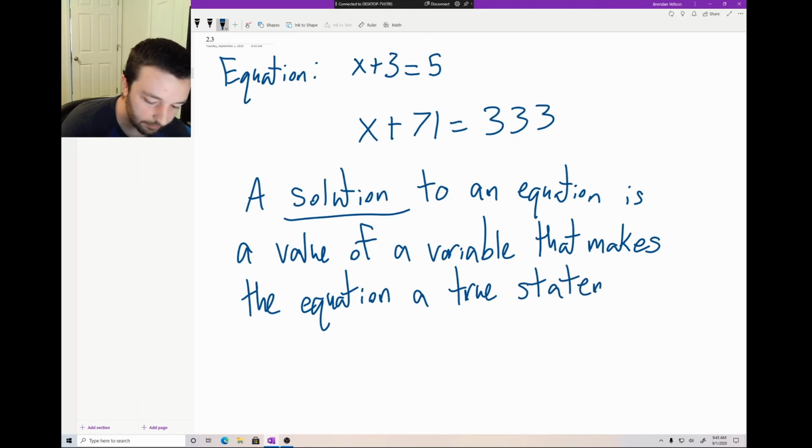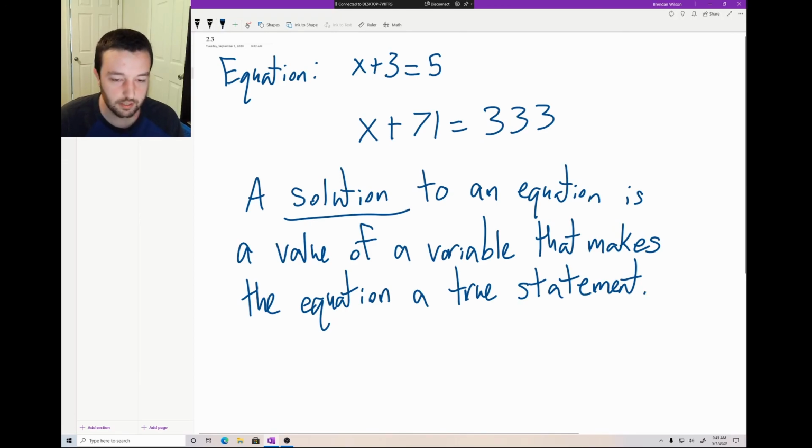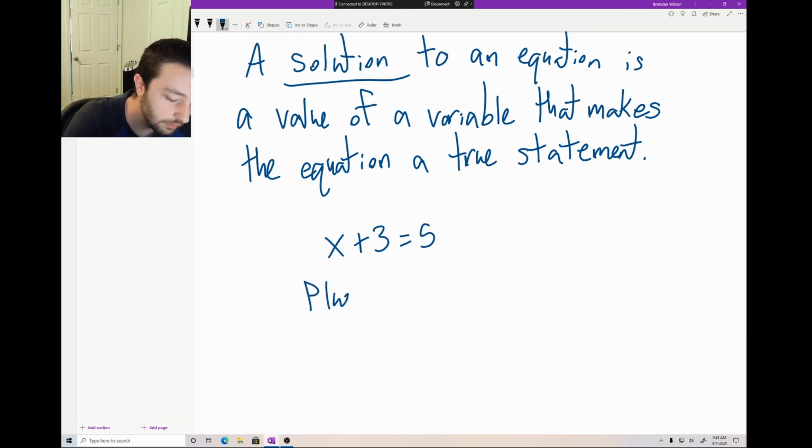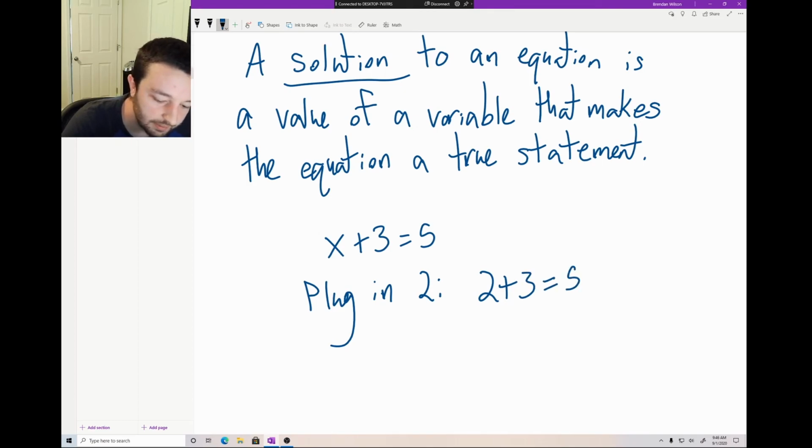What do we mean by that? Well, remember the equation is a statement that the two expressions are equal. So for x plus 3 equals 5, for example, if we plug in 2, then we get 2 plus 3 equals 5. And if we evaluate the left side, we get 5 equals 5. So this is true, right?